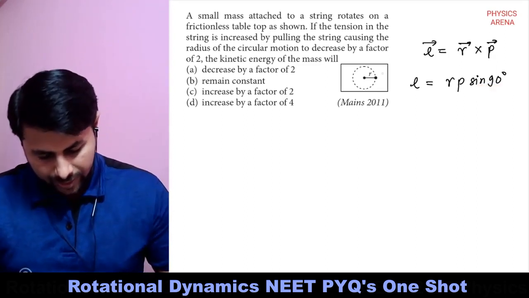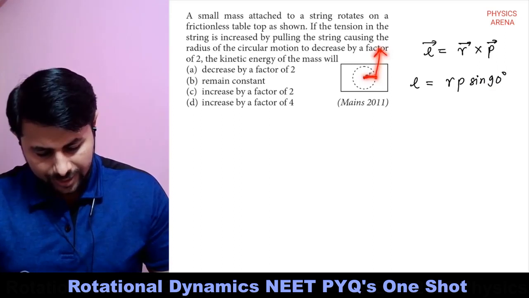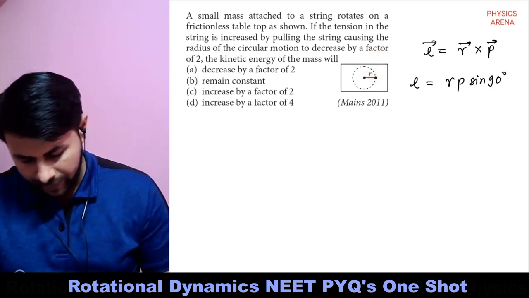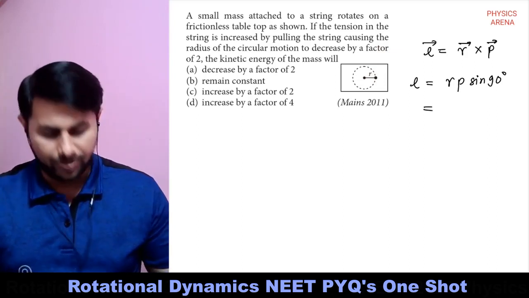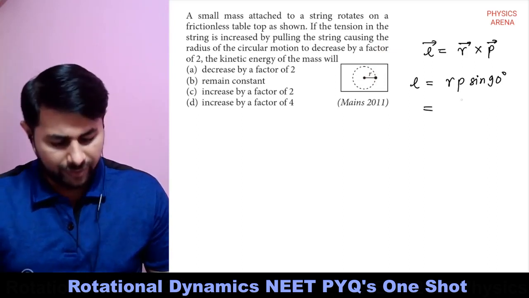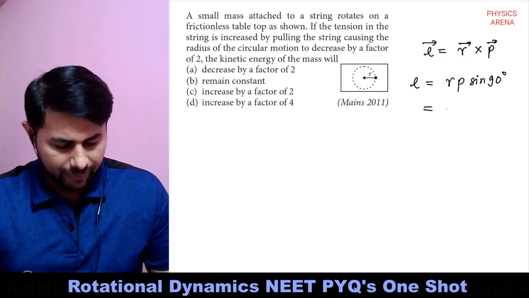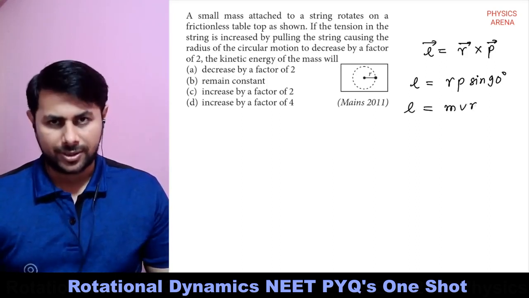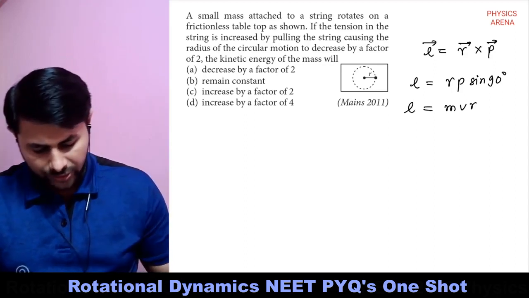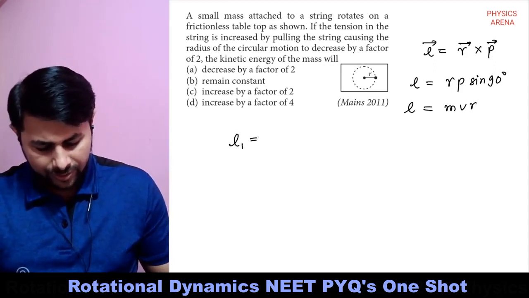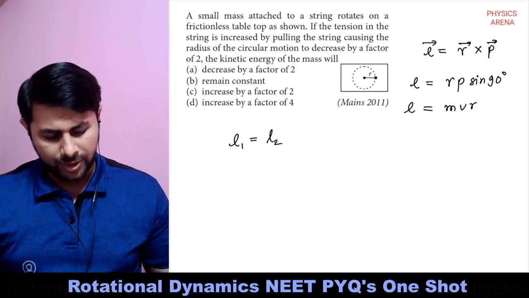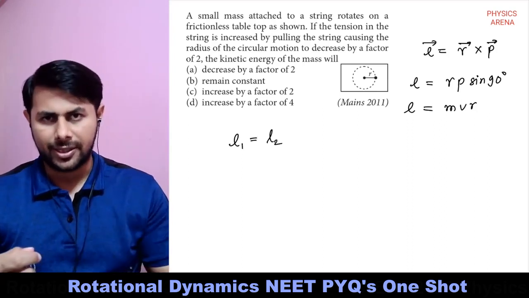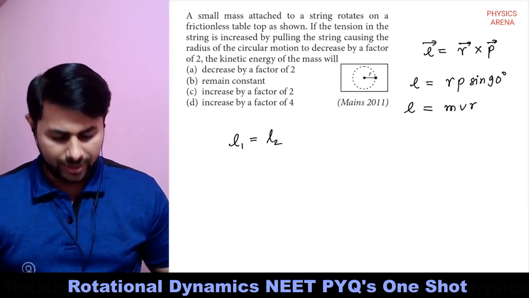Because velocity and position vector are perpendicular to each other. Okay, so this is just R into P and P equal to mv. You can see this, mvR, is the angular momentum and it will remain constant. Okay, so you can say L1 equals L2. So original angular momentum was L1. Then when he pulls the string, final angular momentum is L2.